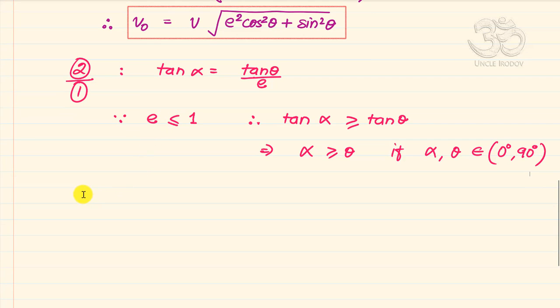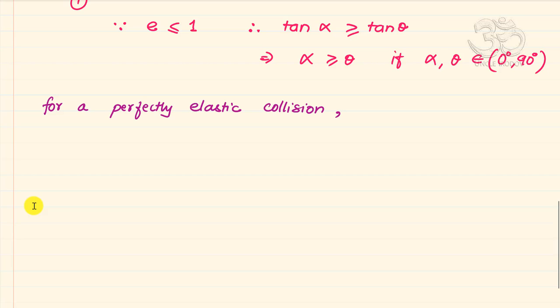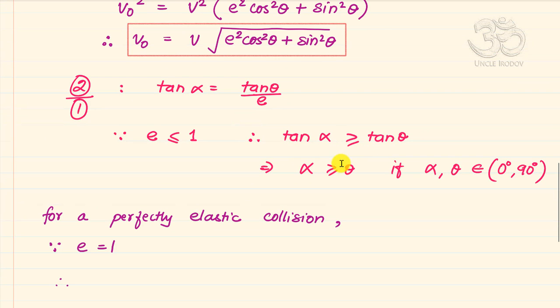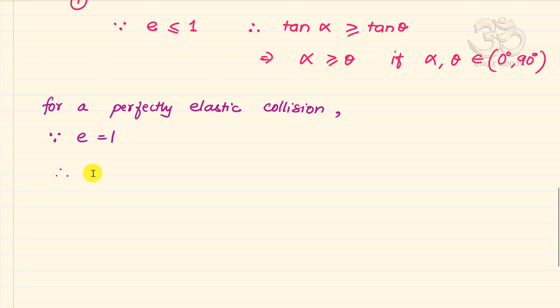And what if there is a perfectly elastic collision? So for a perfectly elastic collision, what are we going to get? Since E is 1, therefore we can say that tan of alpha will be equal to tan of theta. It implies that alpha is equal to theta.